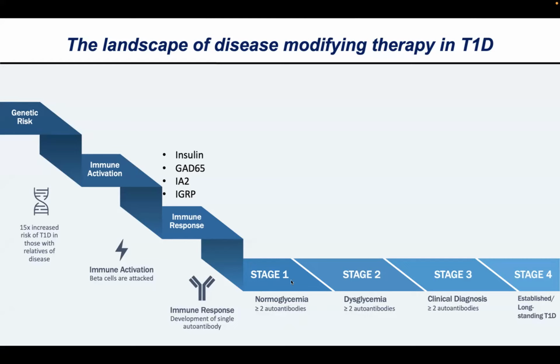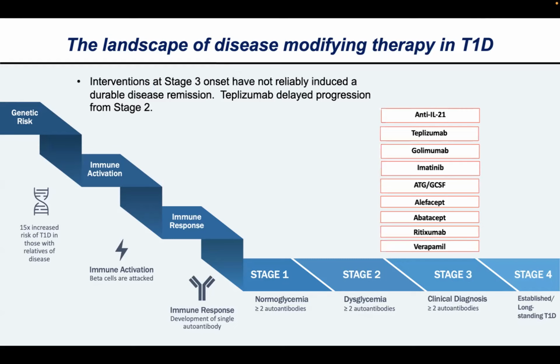Stage 1 is featured by more than 2 autoantibodies, and the glucose level is still normal. In stage 3, we have the clinical diagnosis for T1D. It is also the onset of T1D, featured by hyperglycemia and more than 2 autoantibodies.